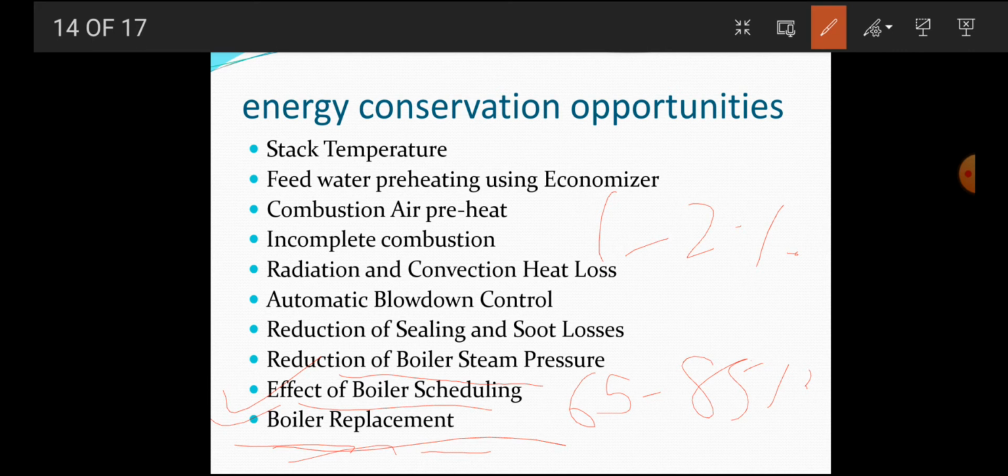So these are the main opportunities where we can conserve the energy. All financial and engineering factors should be considered for boiler replacement, since boiler plants traditionally have a useful life of well over 25 years. Replacement must be carefully studied. It should be studied very carefully.